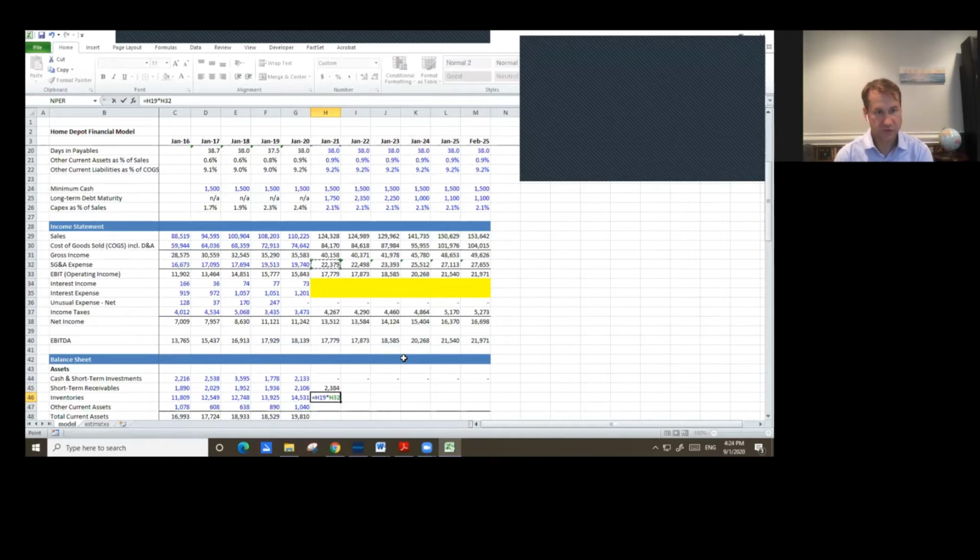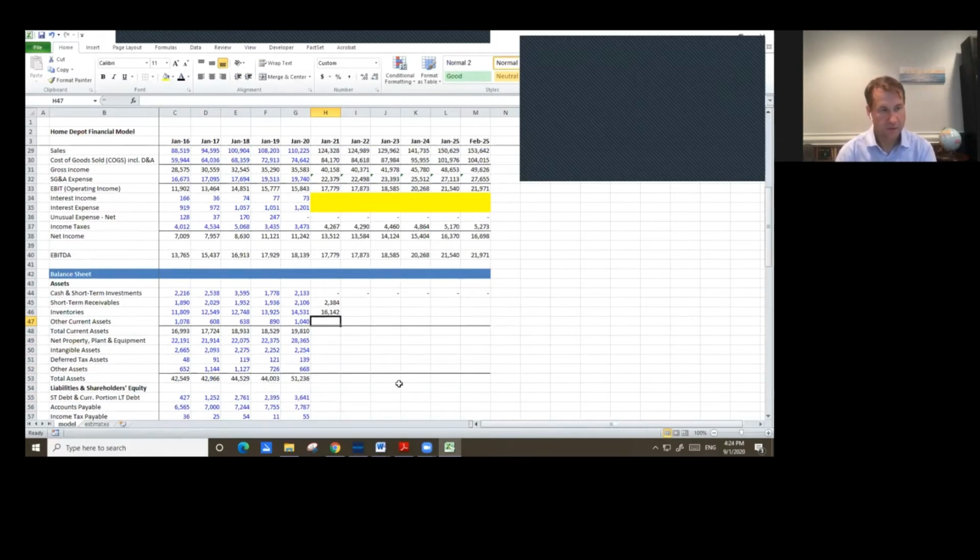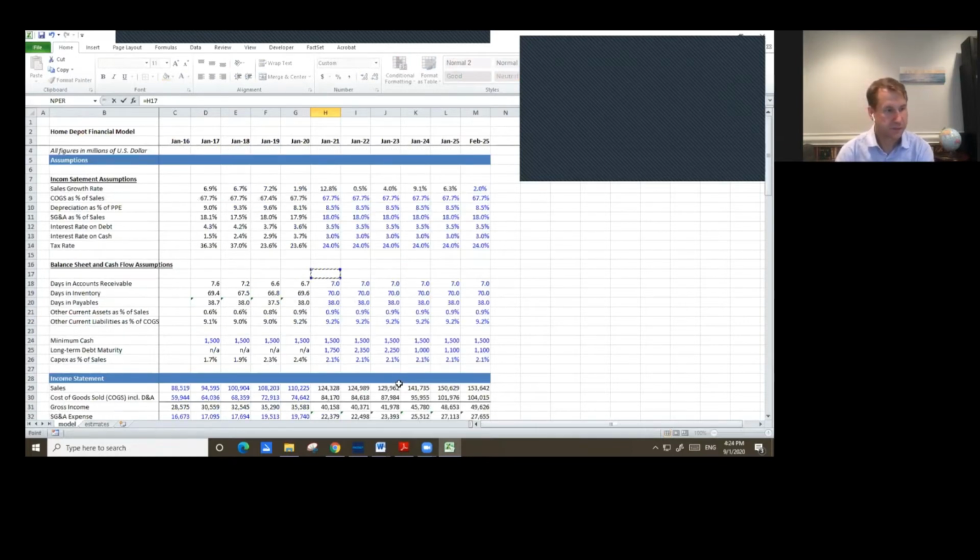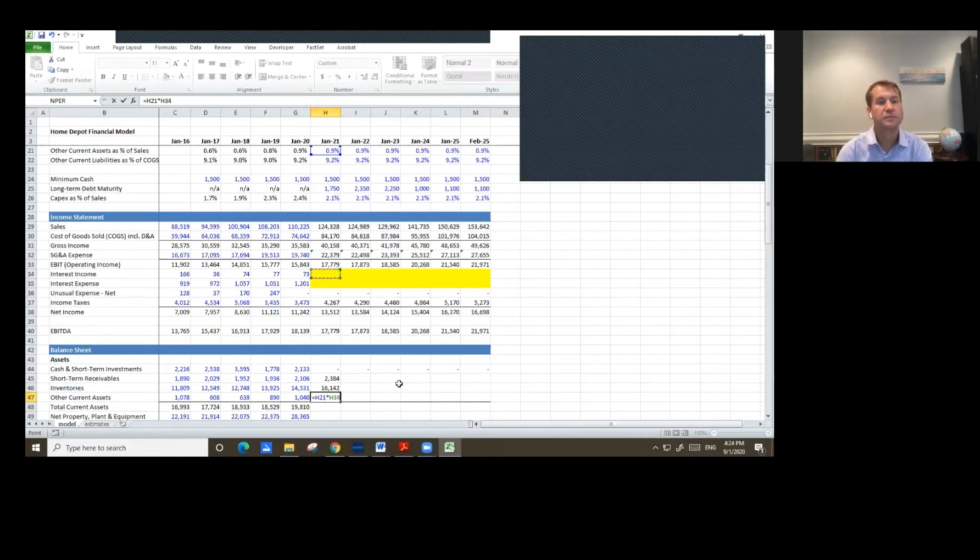That's what I've used to set up the driver, divided by 365. Other assets, I think I've got a driver for that. Other current assets as percent of sales, 0.9%. And then total, we can drag the formula.